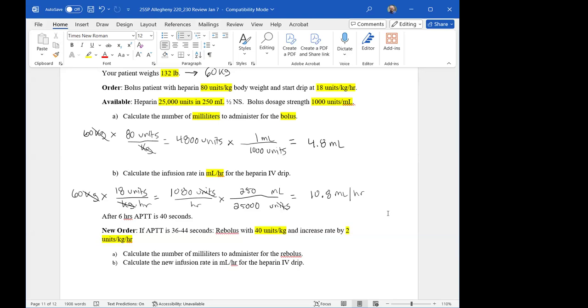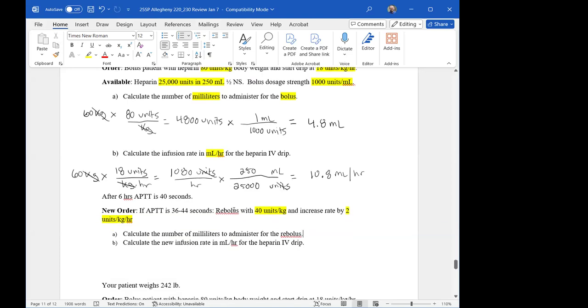So that will be given to you. The only other way this question might be asked is if the original infusion was 16 units or 18 units per kilogram per hour, and now you have to increase it by 2, you'll know what it is. You don't have to guess about that. It would be given to you.